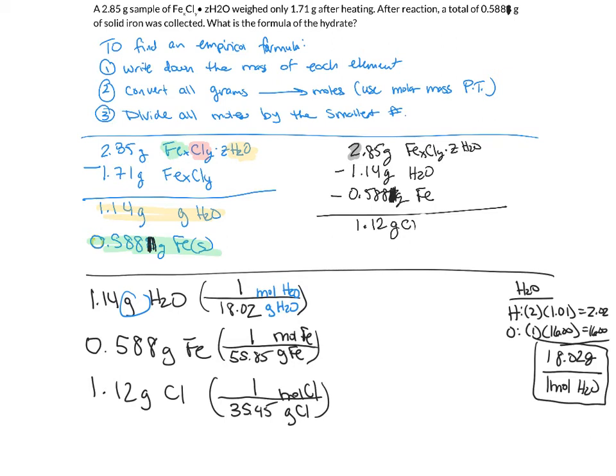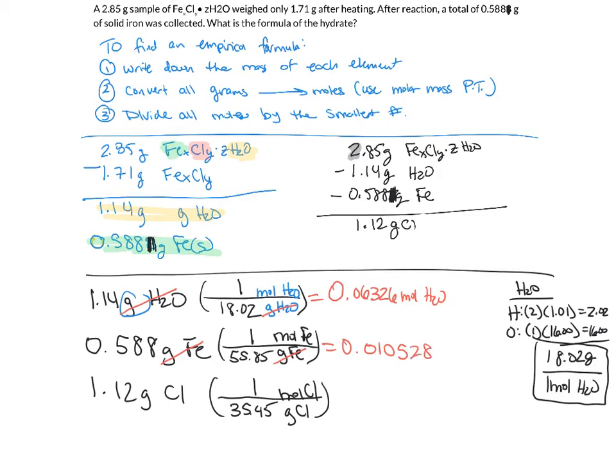And now I'm going to divide. So 1.14 divided by 18.02 gives me 0.06326 moles of water. Grams cancel, so I take 0.588 divided by 55.85, and I end up with 0.010528 moles of iron.